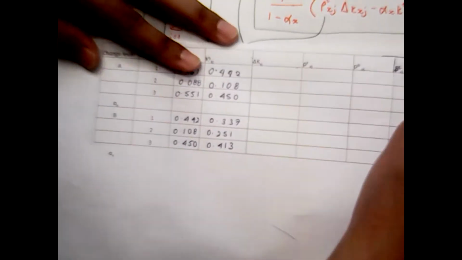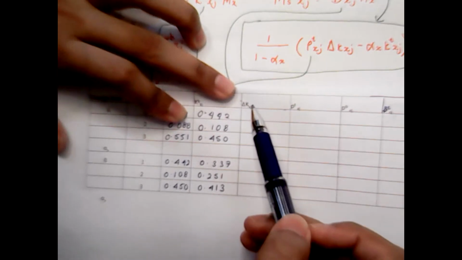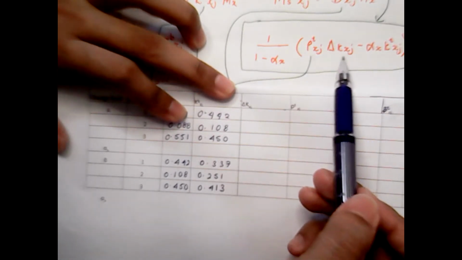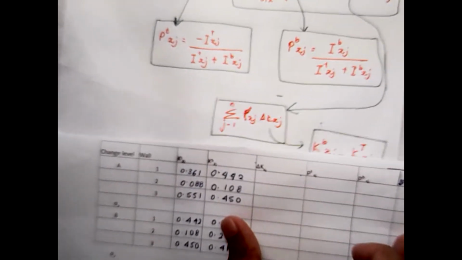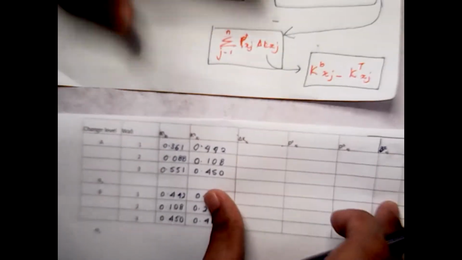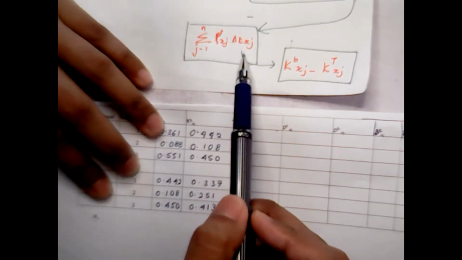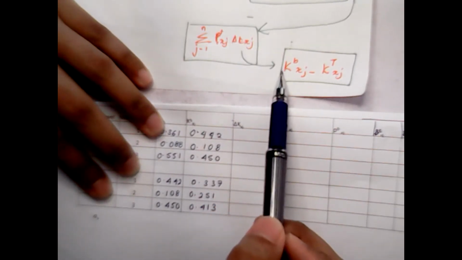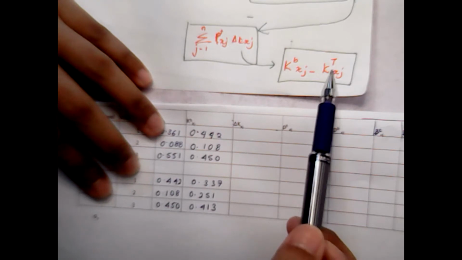If you look here, if I fold this up a little bit, you can see that delta kxj, which is required for this parameter, is defined as the initial distribution bottom xj minus the initial distribution top.